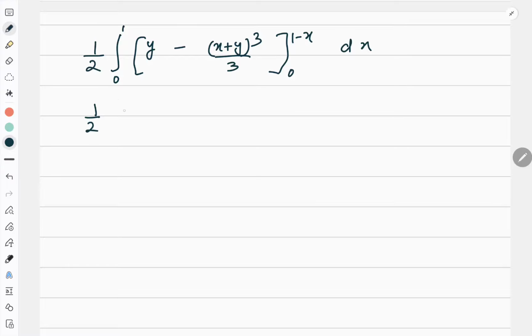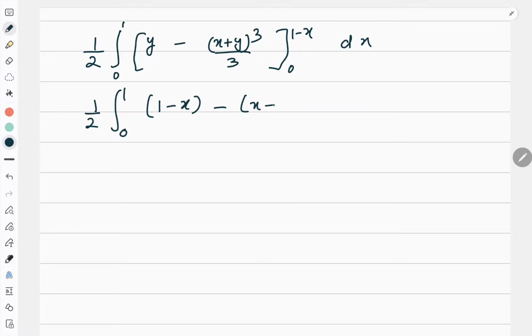So I have 1 by 2 integral 0 to 1. Let's put the limit: 1 minus x, I am putting the limit for y, so x is there, plus 1 minus x cube by 3. Now put the lower limit. So minus 0 will become 0. Minus minus becomes plus, and when I am putting y equal to 0 here, I am getting x cube by 3.